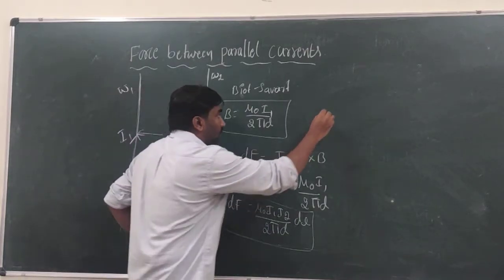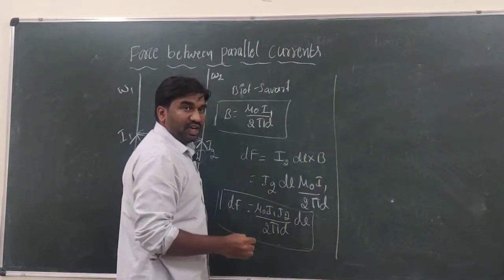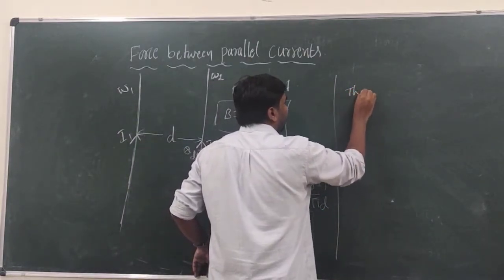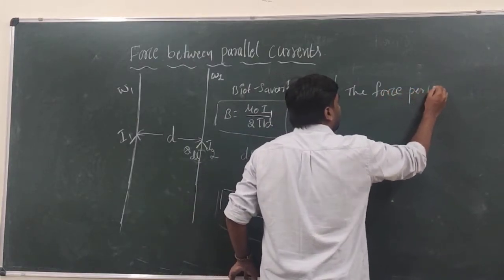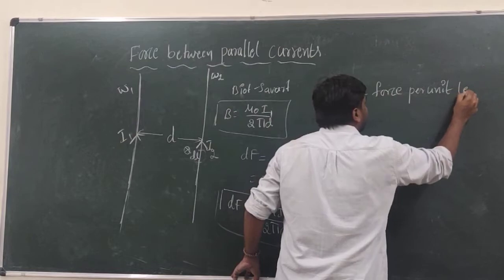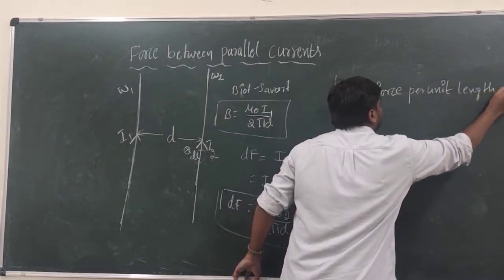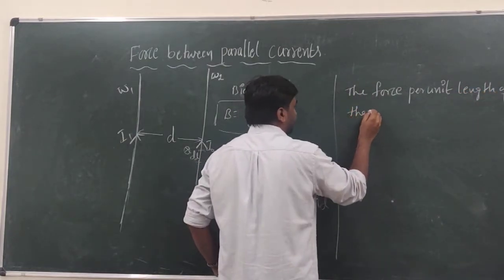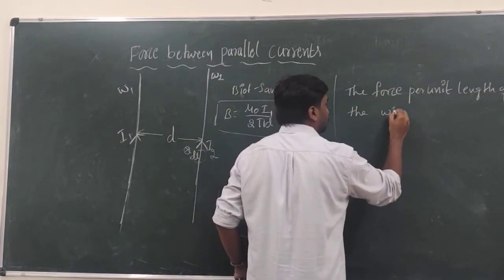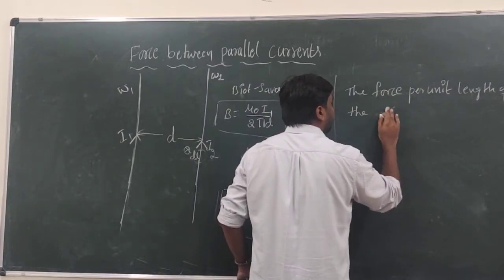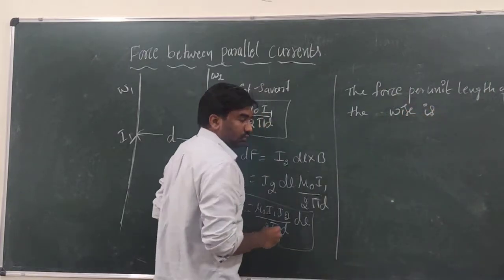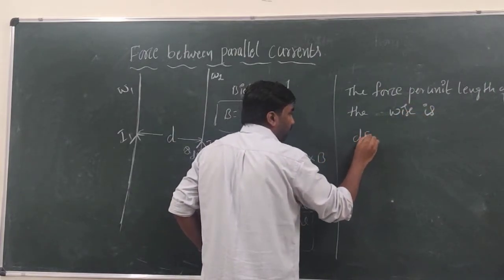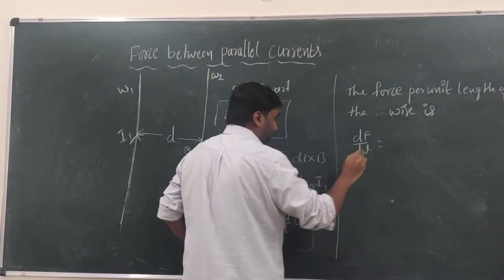Next, the force per unit length of the wire is dF divided by dl.